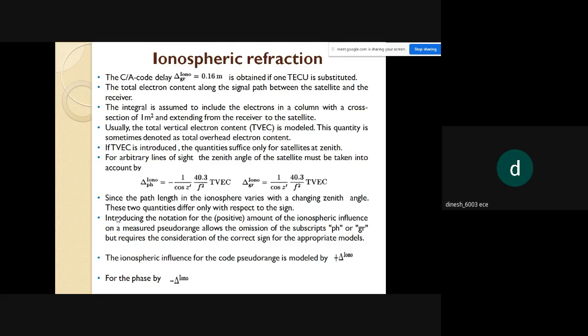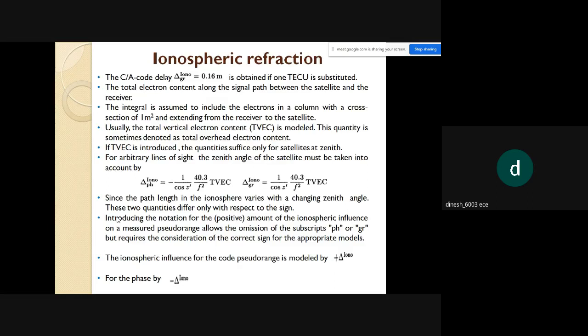Since it moves in a vertical direction, we call it the total vertical electron content. We move from the Earth's surface towards the satellite, which is vertical. So we call this the total vertical electron content or TVEC model. Sometimes TVEC is otherwise called the total overhead electron content. If TVEC is introduced, it requires satellites to be at zenith.